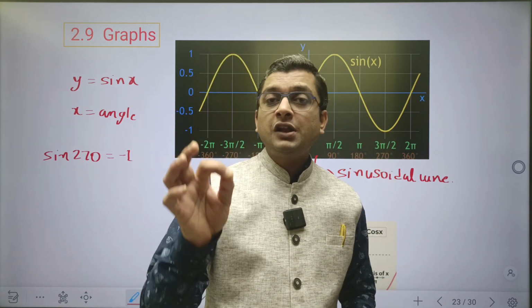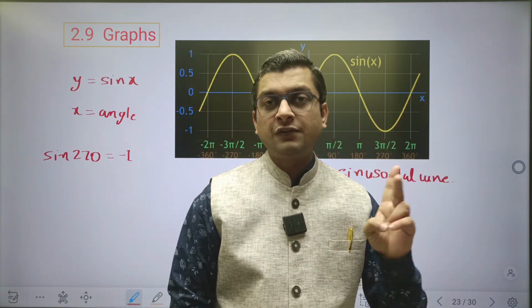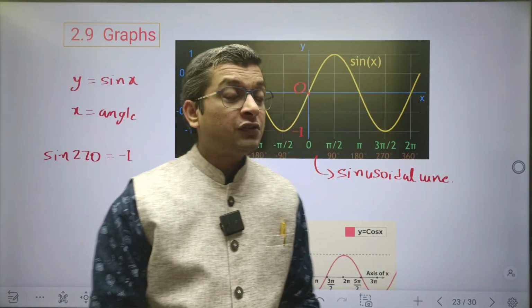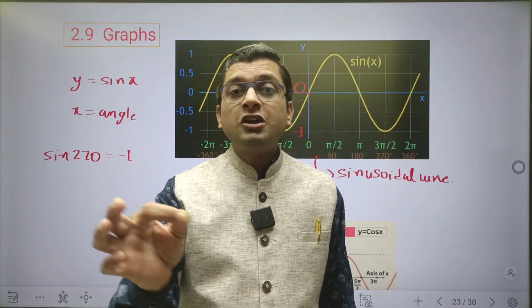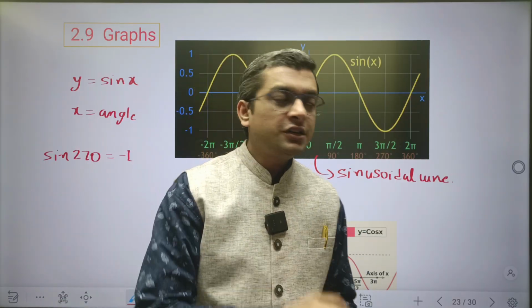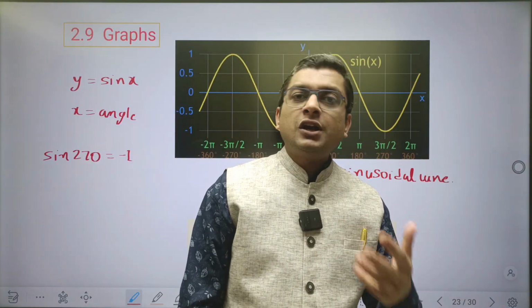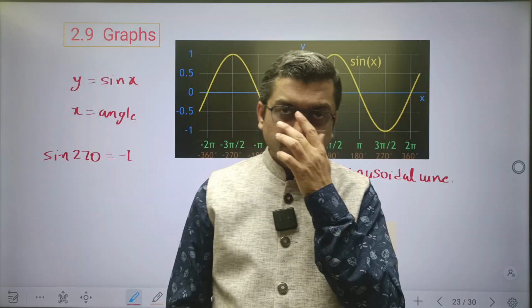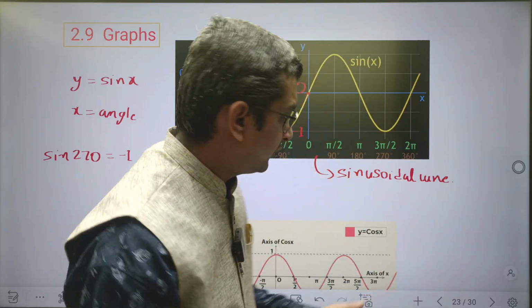In the chapters oscillation and waves, that is class 11, last two chapters, there we have the wave pattern. That wave pattern is also represented by this sinusoidal curve. The simple harmonic motion is also represented by this sinusoidal curve. So any student who has difficulty in this curve will also face difficulties in these chapters which I just mentioned.